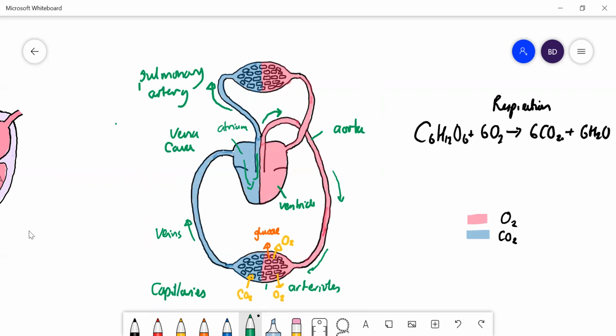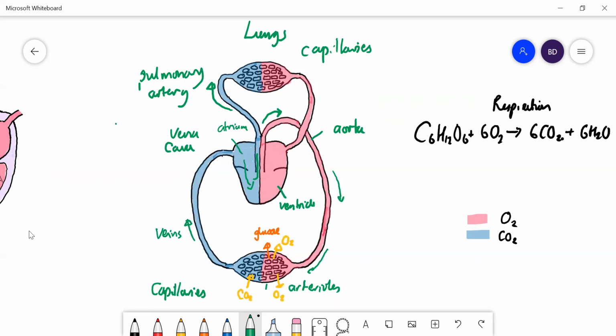That goes to the lungs. Here we've got the lungs, and as happened with the other tissues, this pulmonary artery, carrying deoxygenated blood in blue, breaks into smaller and smaller arterioles, and eventually into capillaries, which are in close association with the alveoli and the air in the lungs.